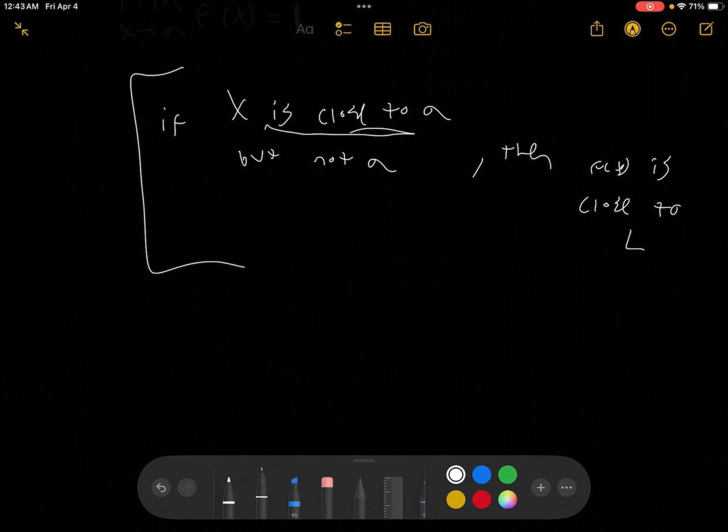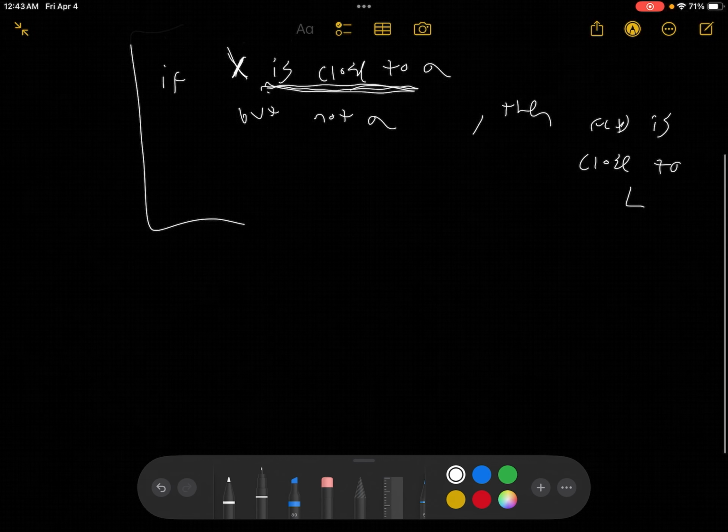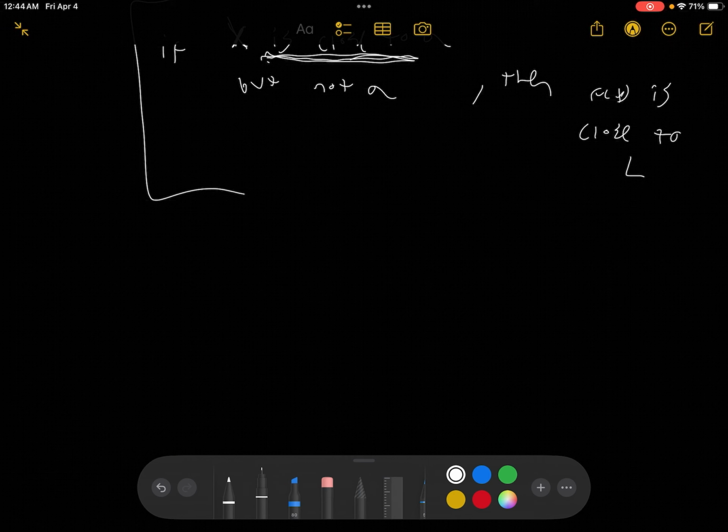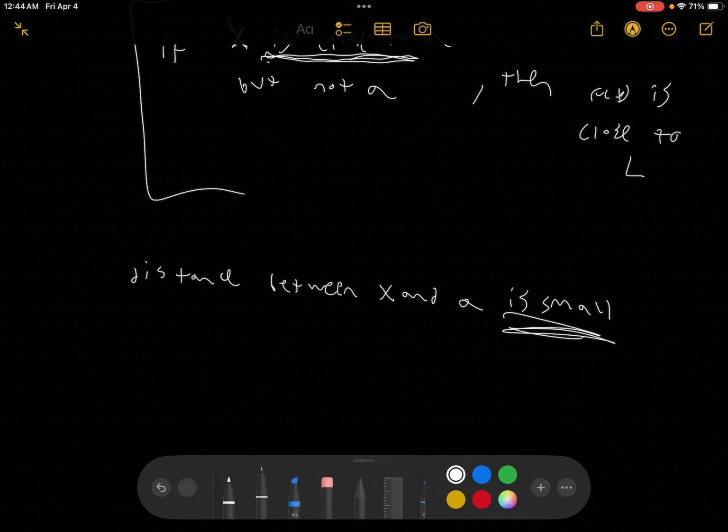So let's start with the "is close to" part. Now when we say that one number is close to another number, what we mean is the distance between them is small. And for this "is small" part, we can turn this into an inequality.